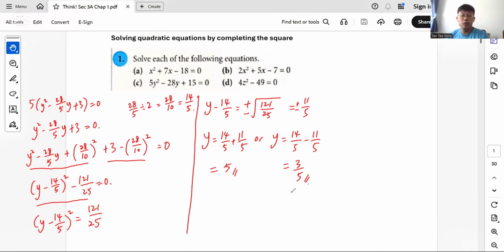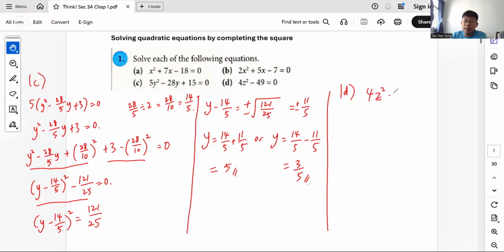All right, now let's move on to part 1D. But 1D is just shift it over and then just solve for Z. So 1D is pretty simple. So this is 1C. Then 1D is just 4z squared minus 49 equals to 0. 4z squared equals to 49.